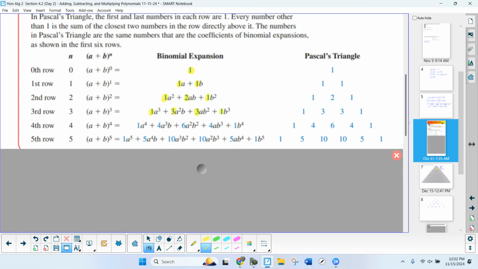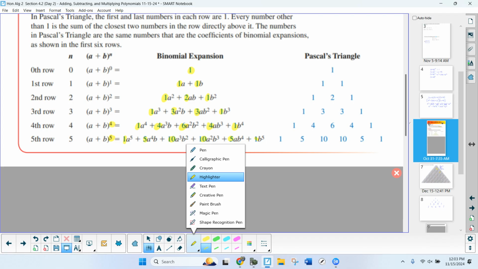You see how the coefficients, if I raise to the 4th power, I have 1, 4, 6, 4, 1. I go to the 4th row of Pascal's triangle. If I raise it to the 5th power, I go to the 5th row. I get those coefficients. I have 1, 5, 10, 10, 5, 1.